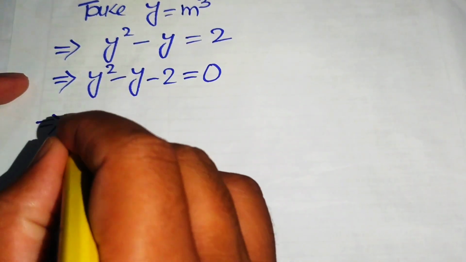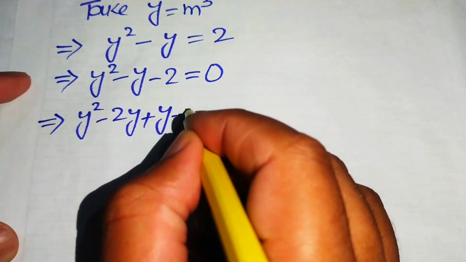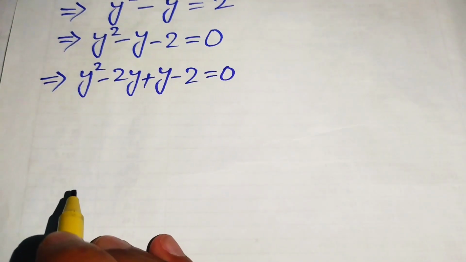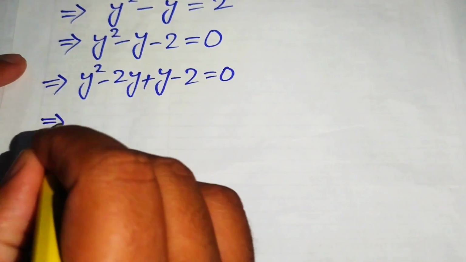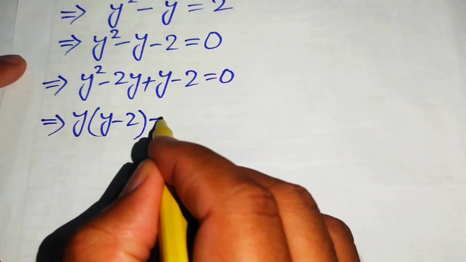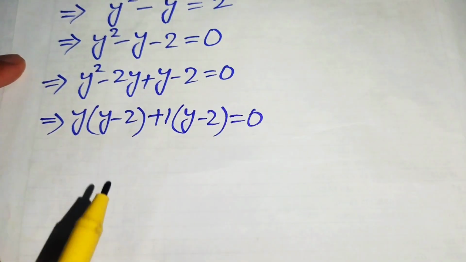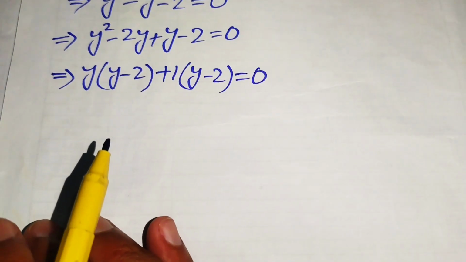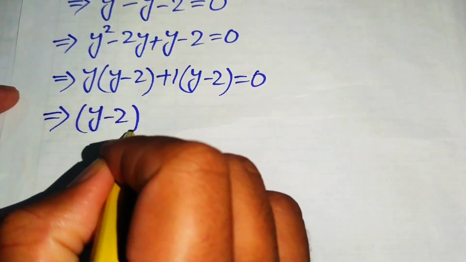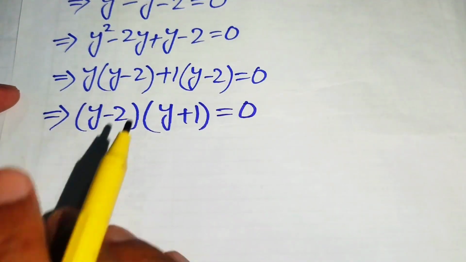We write it as y squared minus 2y plus y minus 2 equals 0. Taking common y from the first two terms we get y minus 2, and taking common plus 1 from the other two terms we get y minus 2. Now we take common y minus 2 from both terms and we get y minus 2 times y plus 1 equals 0.